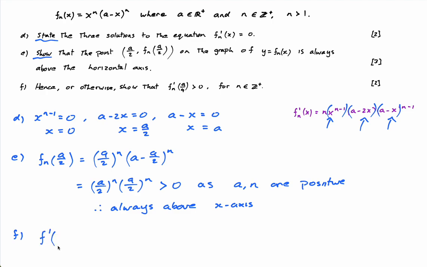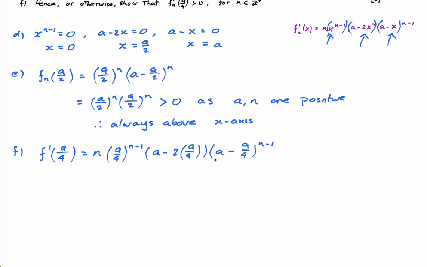So f dash of a over 4 is equal to n times a over 4 to the power of n minus 1 times a minus 2 times a over 4, brackets a minus a over 4 to the power of n minus 1.